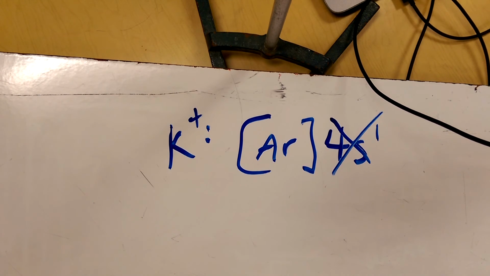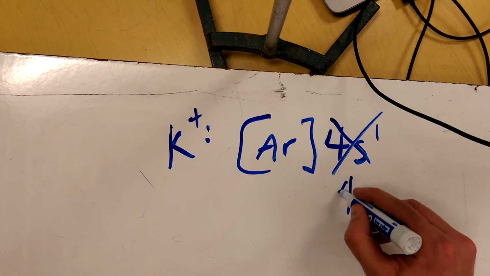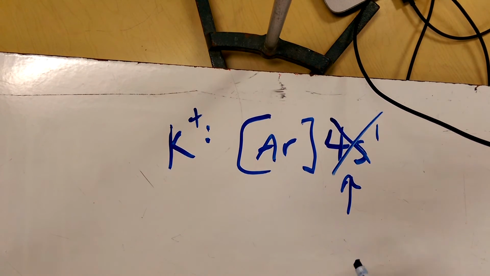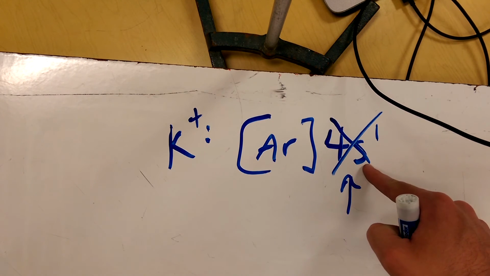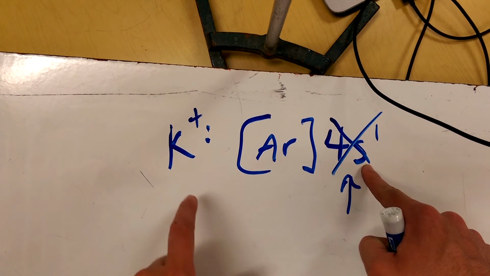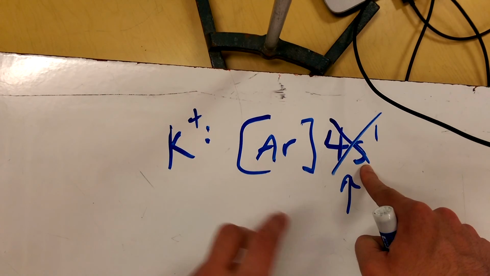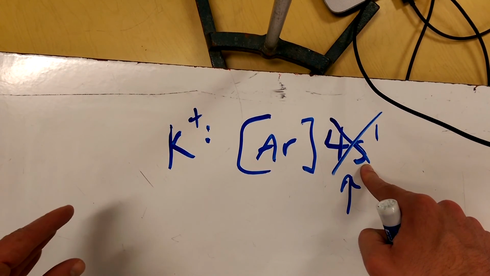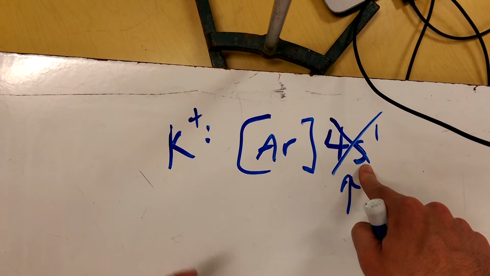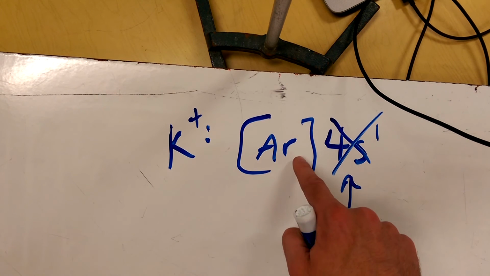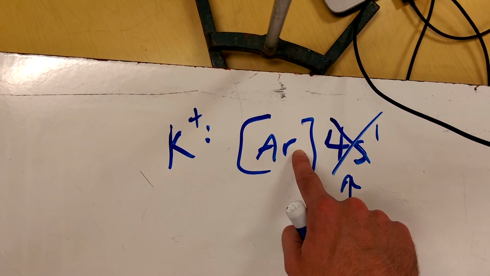So now it's electronically stable, it's very content. But because it really doesn't like this electron, we can say that it has a really low electronegativity. It gets rid of this electron, and now it's happy. So things like potassium, or things over on the far left that have a low electronegativity, have a low electronegativity because they're already so close to being that noble gas.